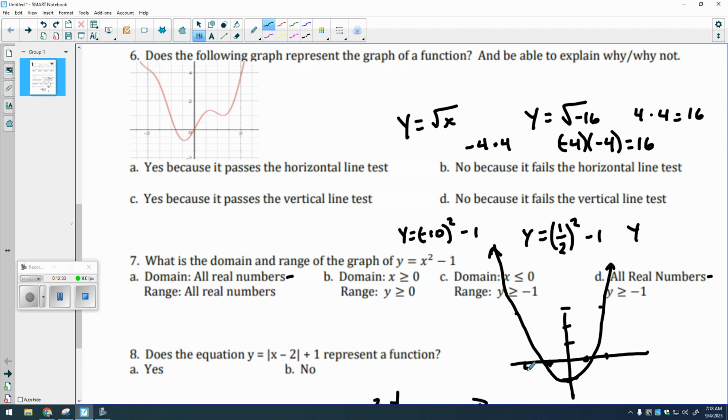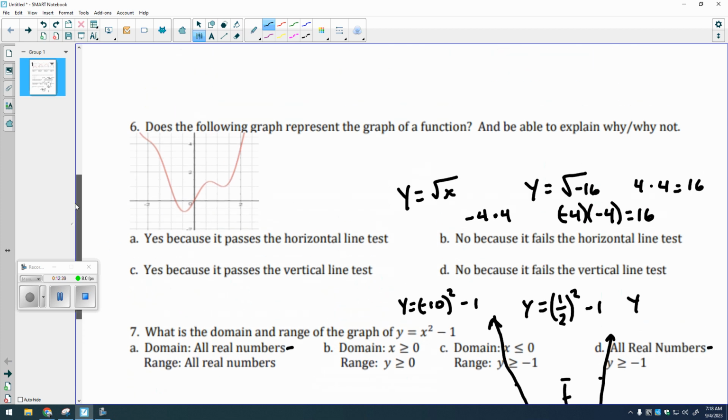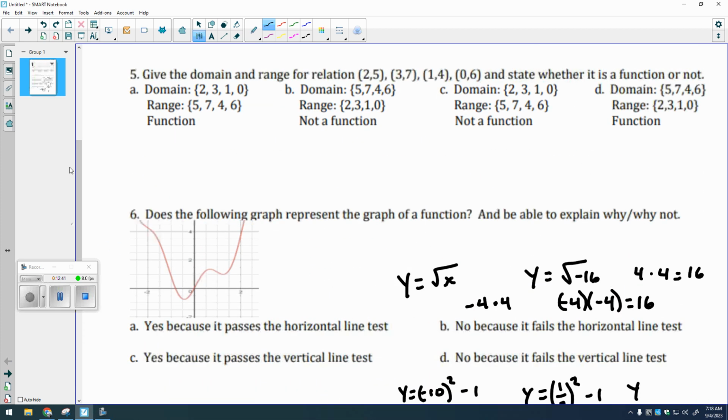It's every single x value along the x-axis. Not true on question 5. Give the domain and range for this relation, meaning just some set of numbers, no special pattern, just a relation.